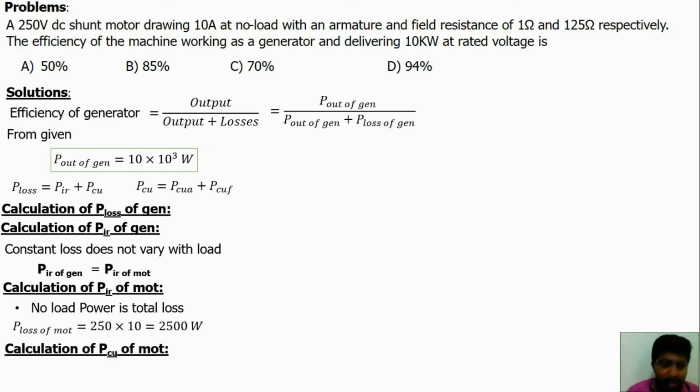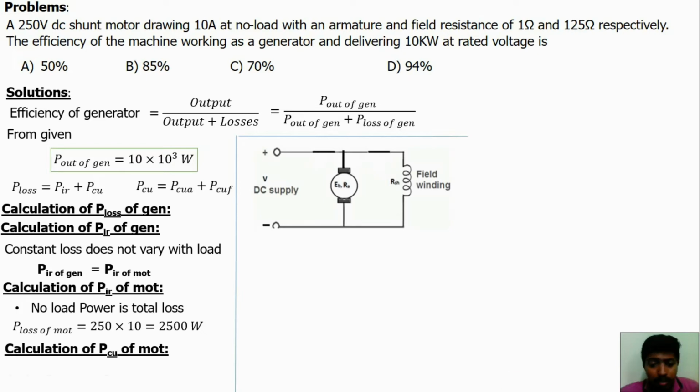So here a shunt motor is given. We know the equivalent diagram of shunt machine. This is shunt machine. Here input voltage 250 volt is given, armature resistance 1 ohm is given, and field resistance 120 ohm is given. It takes 10 amps under no load condition.